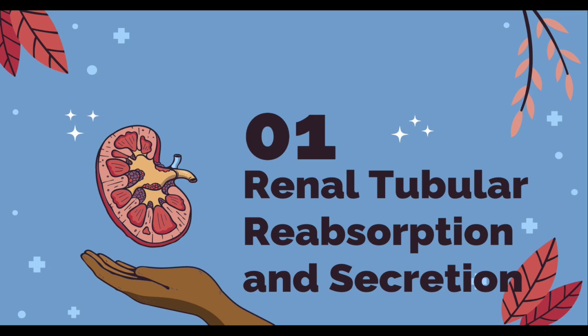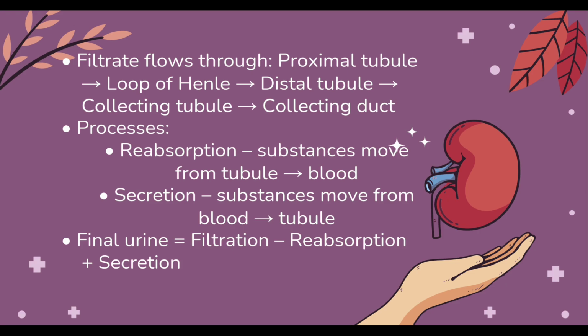First, our topic is renal tubular reabsorption and secretion. As we talked about in our previous sessions, the glomerular filtrate flows through the proximal tubule, then the loop of Henle, distal tubule, collecting tubule and collecting duct.